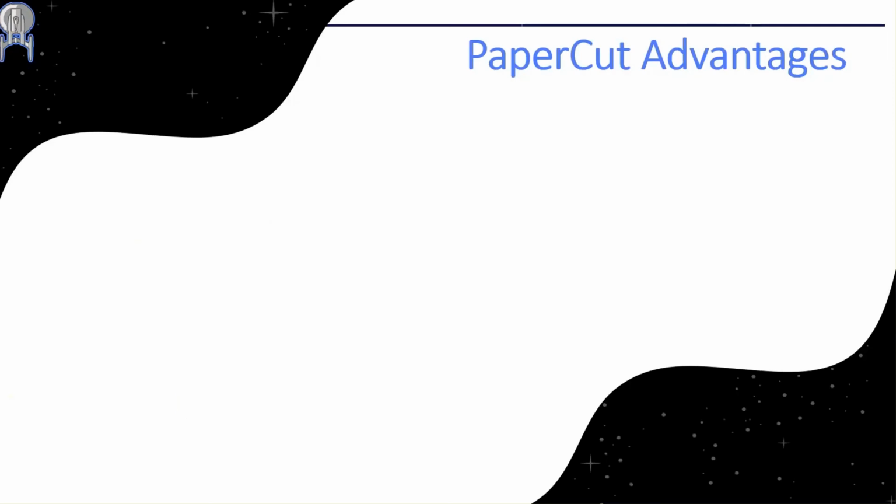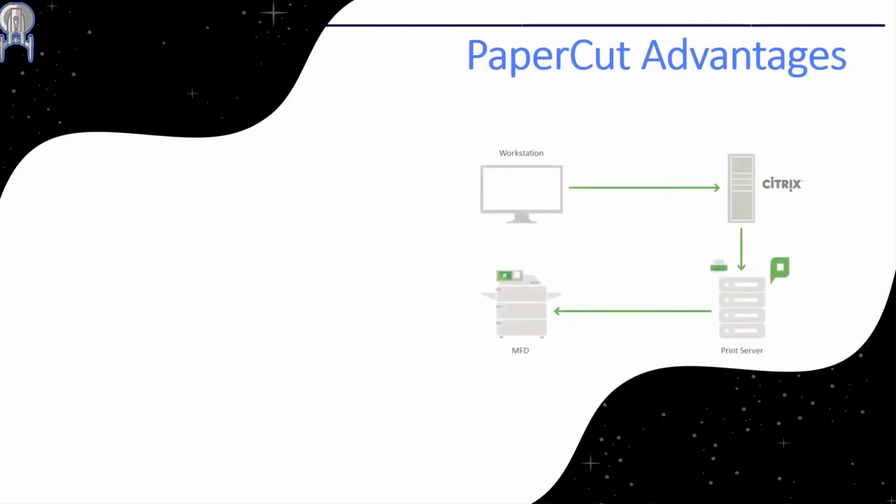Well, how does PaperCut work with these systems? There's basically 2 criteria that must be met in order for PaperCut to track and control print jobs from something like this. The first criteria is that the print job must be moving through a print spool system being monitored by PaperCut. Now, this step can be accomplished in one of 2 ways.